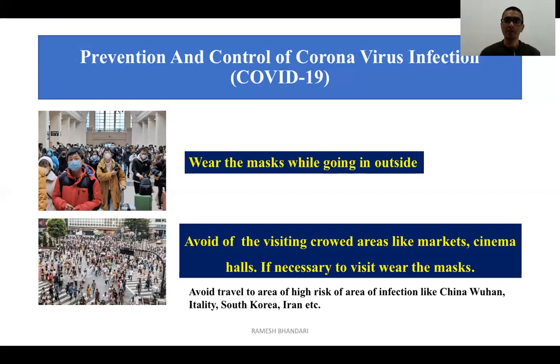During this period, the people should not go to those areas. If they go to those areas, there are more chances of getting infected with the COVID-19 virus. So it is better to avoid traveling to high risk areas of infection with the COVID-19 virus.